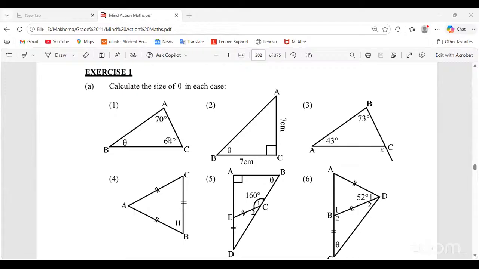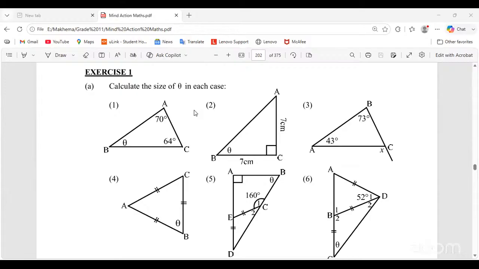In question one here, we have a triangle ABC. Now, what do you know about the interior angles of a triangle? We know that the sum of interior angles is supplementary. What do we mean by the term supplementary?